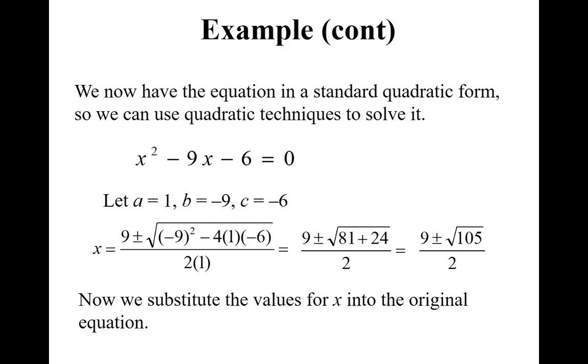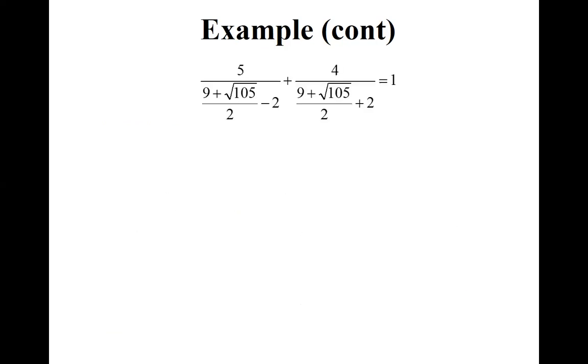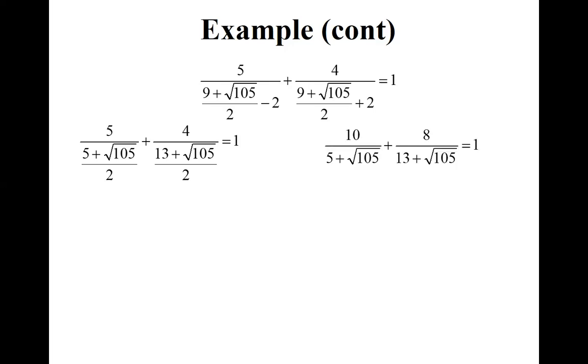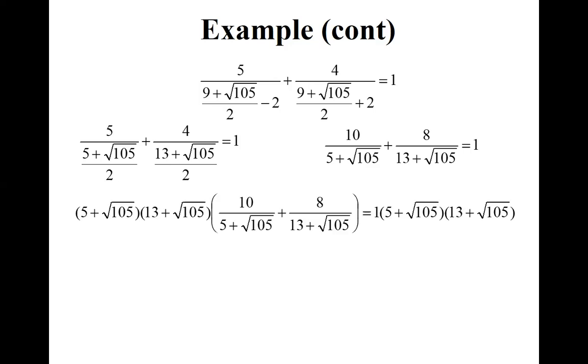Now we have to substitute these back into the original equation. Be very careful. I'm leaving this check as an exercise to see how you do with the arithmetic. Slowly going through the solution.